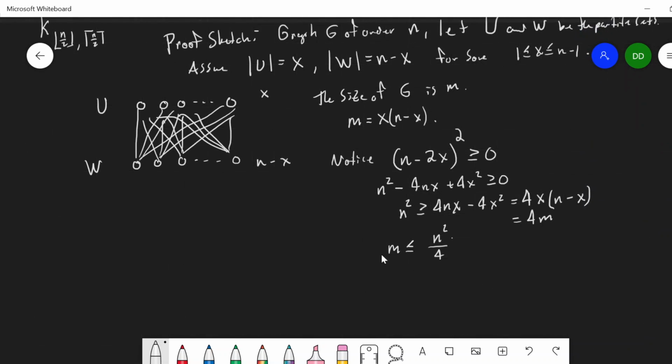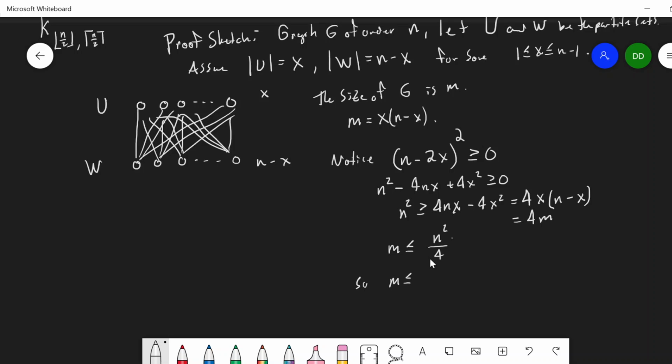And lastly, since M has to be an integer, I can certainly say it's less than or equal to n squared over 4, but I can say more. Since M is an integer, I get to round this down. If n squared over 4 is an integer, it's fine; I won't round it down. But if this is a half or a quarter, something that is not an integer, I can round that down since I know that M is an integer.